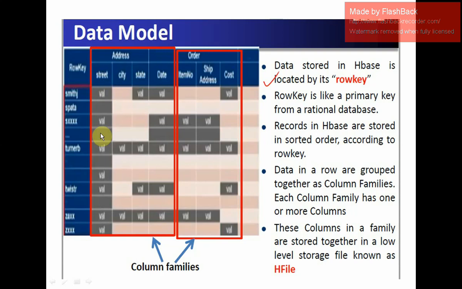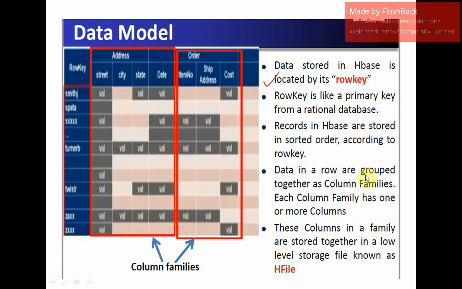Data is stored on the basis of row key, where row keys are further divided into regions, which we'll see in the next slides. A row key works like a primary key, as we have the concept of primary key in relational databases also. Records in HBase are stored in sorted order, as already discussed.